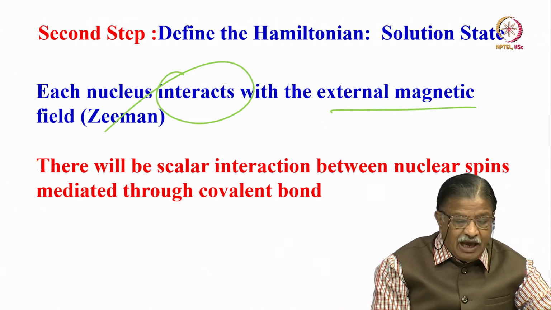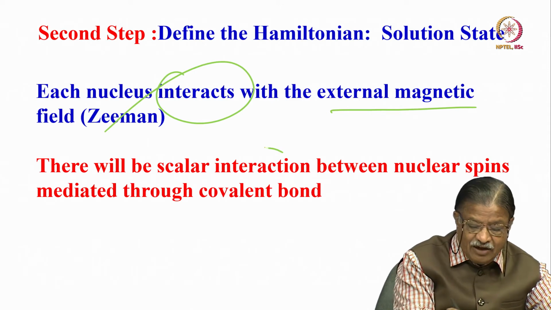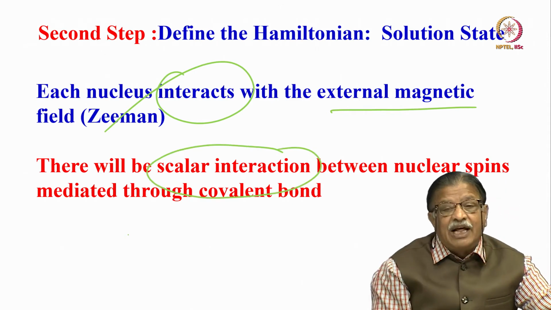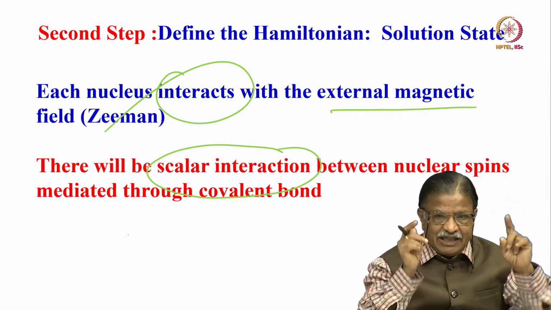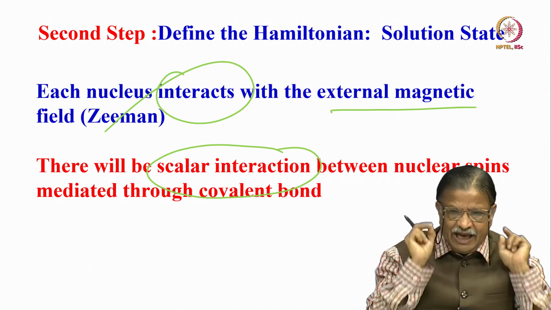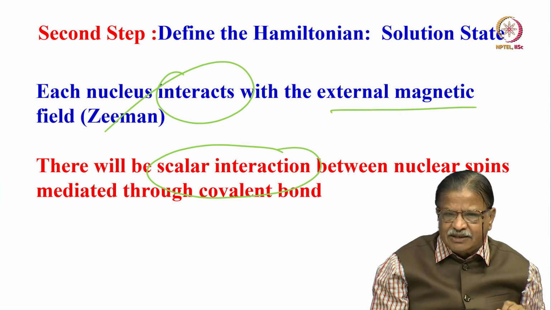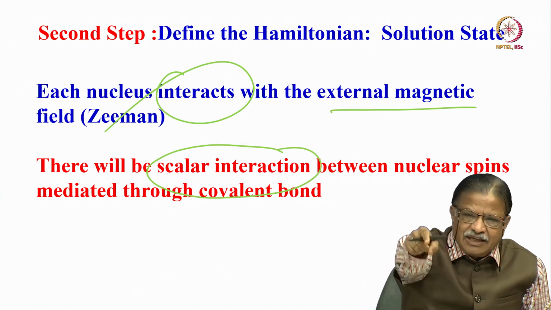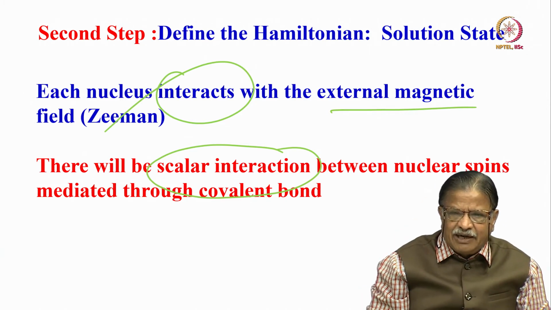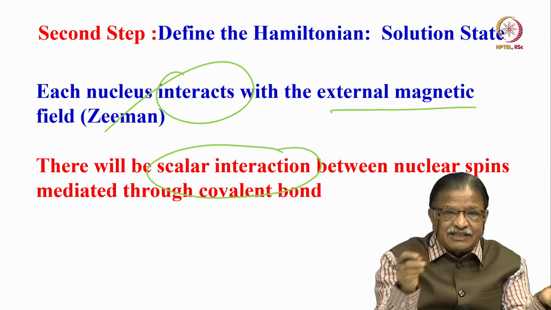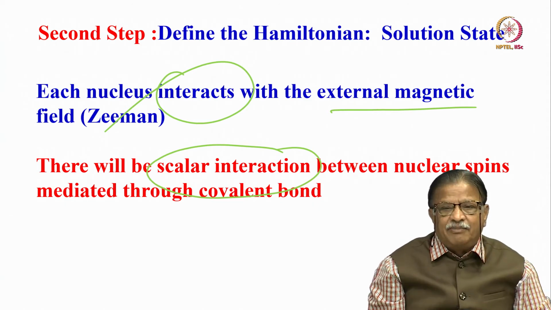Okay. And in addition to that, there is also a scalar interaction between the nuclear spins. Let us take the example of two spins, A and X. A can interact with the magnetic field, there is a Zeeman interaction. X can interact with the magnetic field, there is a Zeeman interaction. Between A and X, there is a scalar coupling mediated through the covalent bond.